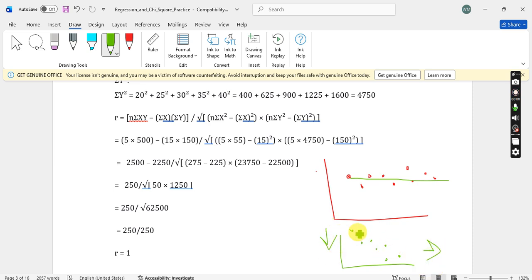When you form your equation, this will be the equation of your line. Now in our question, we saw the points were like this, straight. Week 1 it was 20, week 2 it was 25. So we saw here there's a positive relationship. Week 3 it was 30.